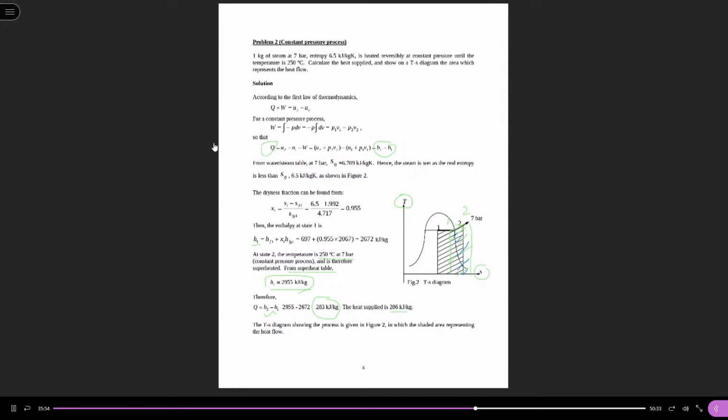So I give you 3 to 4 minutes to read question 2 and see why state 1 is wet and why state 2 is superheated. If it's in the wet region, the first step is always to define it; we usually need to calculate the dryness fraction. I think state 1 is approaching the dry saturation line. Okay, 3 minutes.